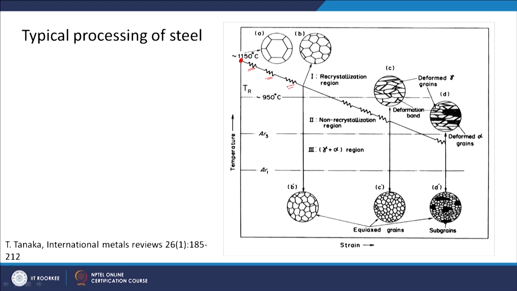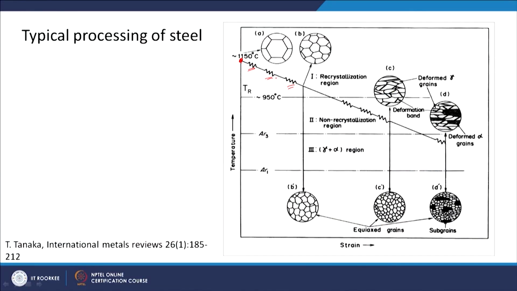Understand that these are all continuous processes. You heat the material and then it goes through the different stages of deformation. These hatched regions here, here, here are the regions where you have put the strain.